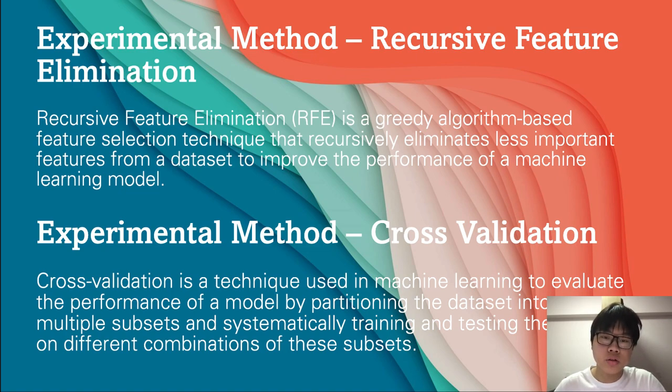Then is cross-validation. This method is a technique used in machine learning to evaluate the performance of the model by dividing the dataset into multiple subsets and training and testing the model on different combinations of these subsets.